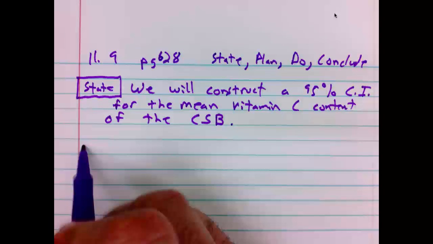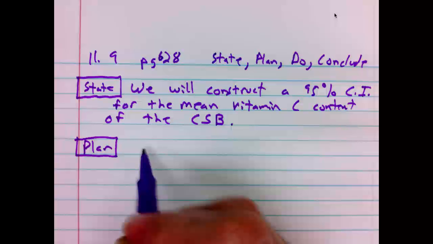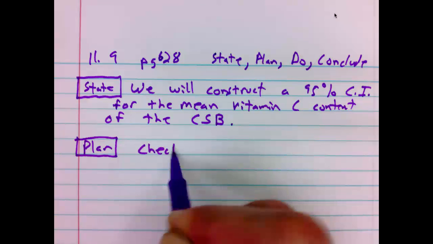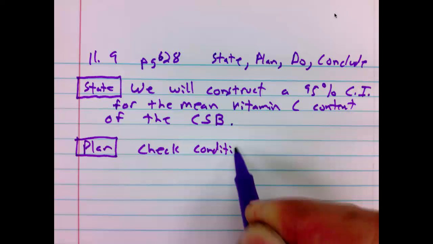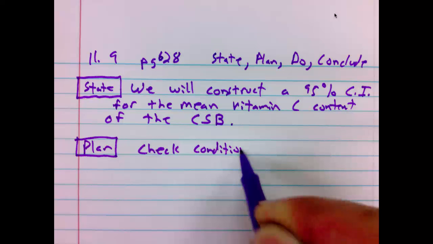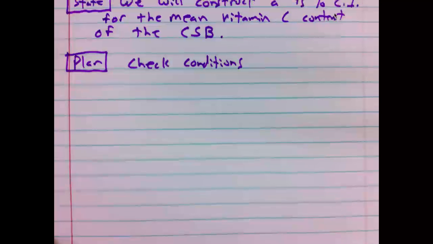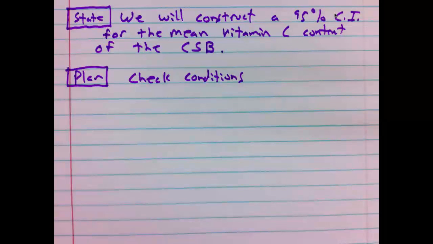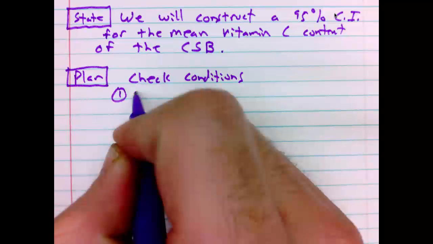Plan. In plan, we check conditions. Previously we've been passing on this, but now we will begin to execute in checking our conditions. We will have 3 conditions that we will check. 1, random.